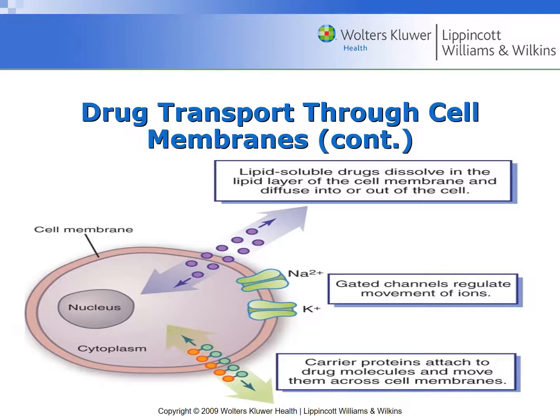Carrier proteins are substances that allow drugs to pass, kind of like a piggyback ride, okay? The drug attaches to the protein and piggyback rides to the cell and through that cell membrane, okay? And so there's lots of drugs that will do that. Our biggest protein in the body is albumin.